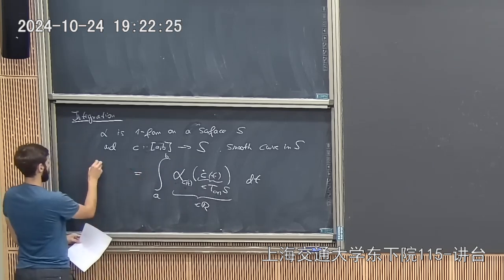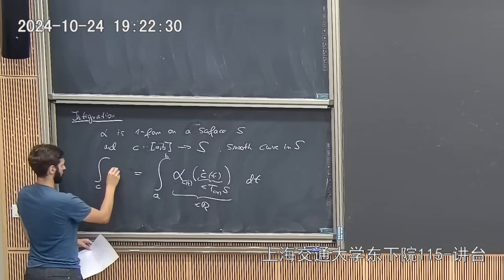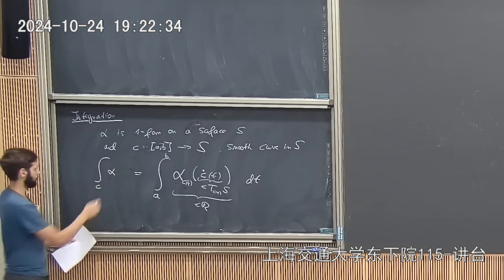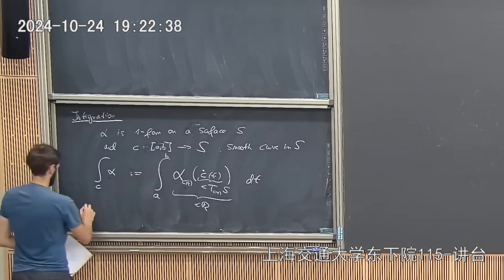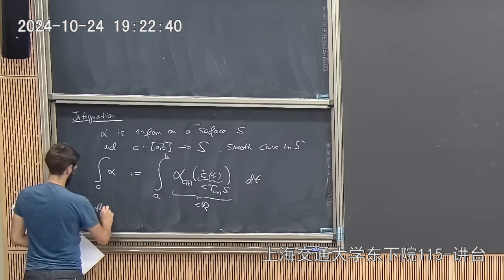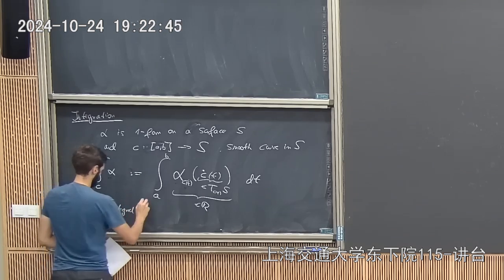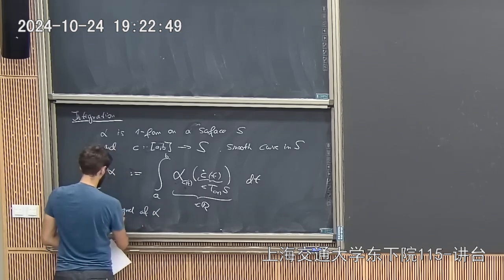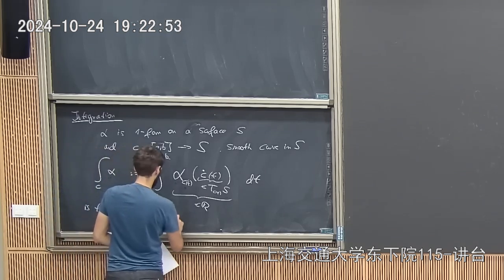And by definition, we write this integral as the integral along the curve of the one form. So that's the definition, the integral of alpha along C.